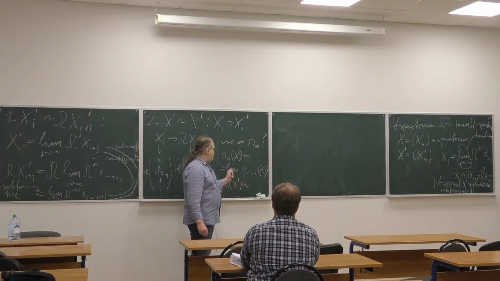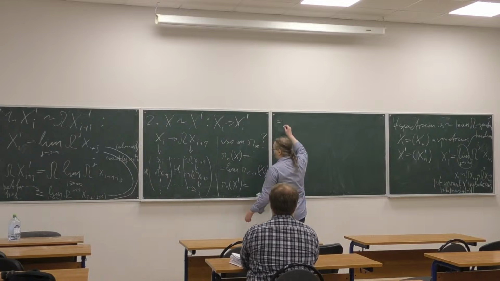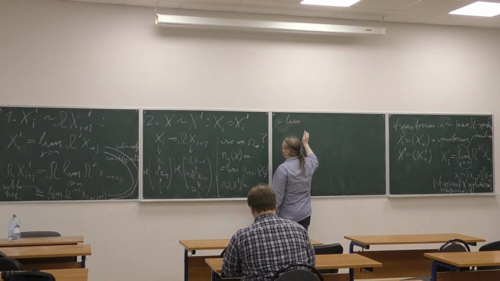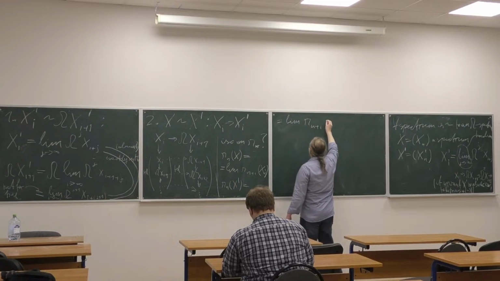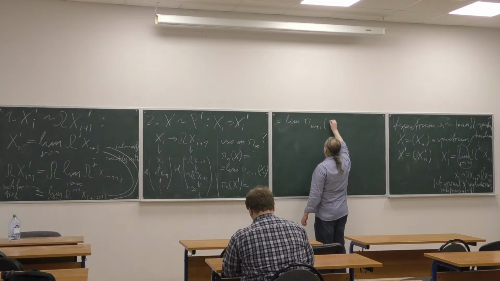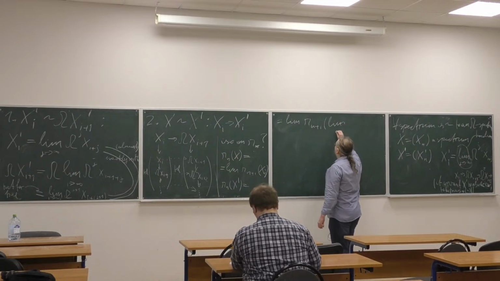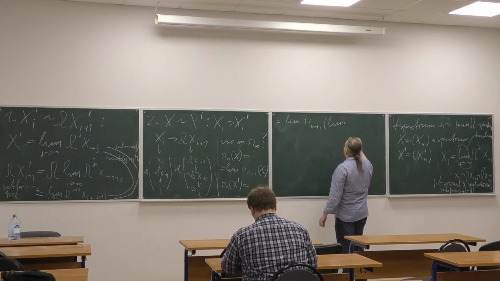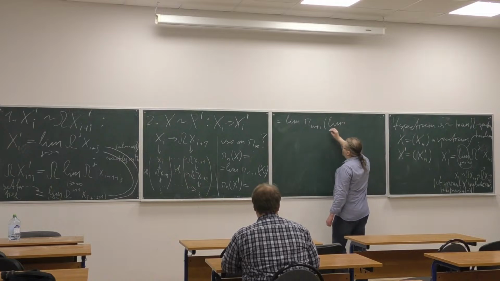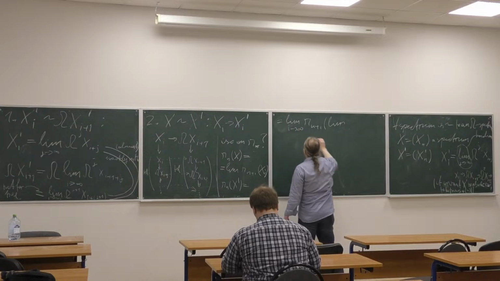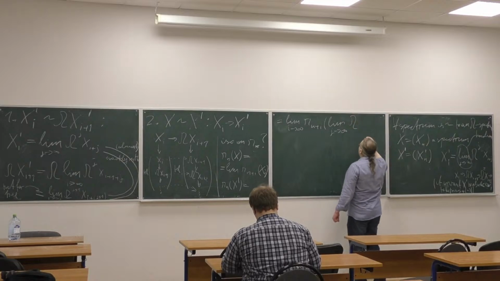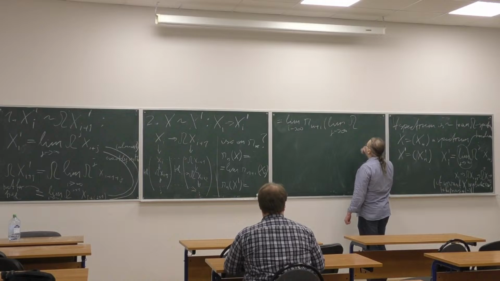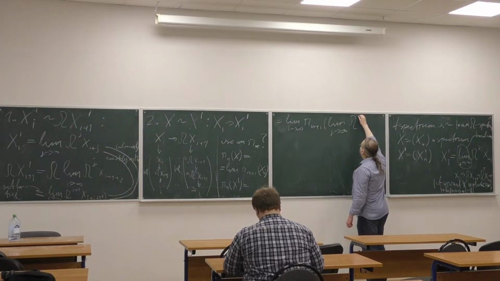Let's see. What is pi n of x prime? Well, by the same rationale, it's the colimit over i of pi n plus i of the limit, as j goes to infinity, of omega j x i plus j.